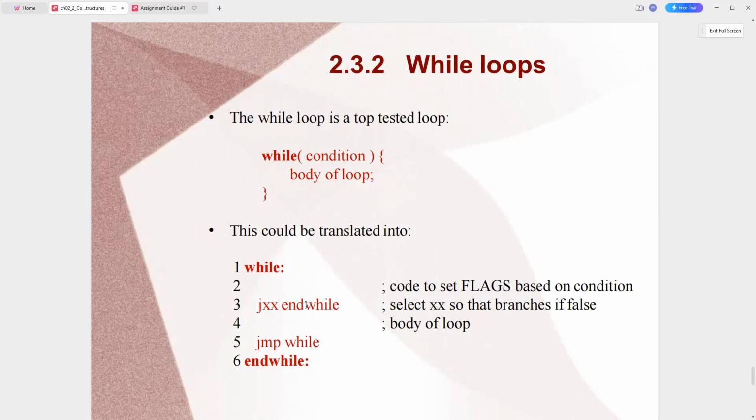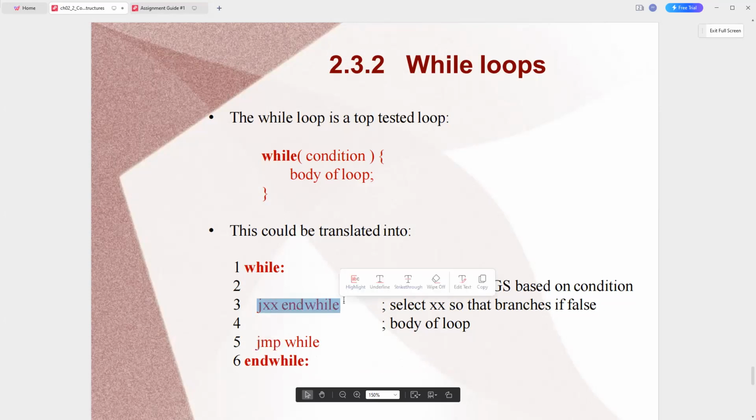We say if they are equal to 0, we jump to end while. But if they are not equal to 0, it will just jump back to your while loop. We are utilizing our jump here. So it jumps back to your while loop and then executes, evaluates, and then end while. So this is similar to your break statement rather.